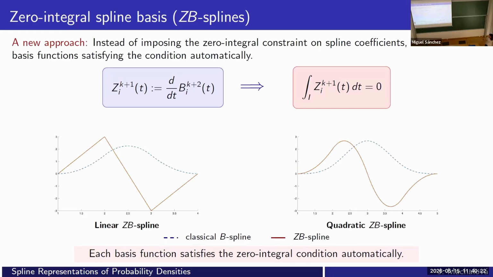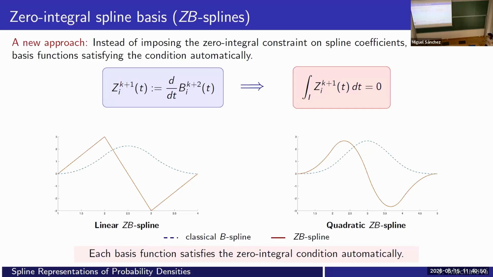So as you can see on the left side in blue, there is a quadratic. On the right side, there is a cubic B-splines, and its derivatives are linear and quadratic ZB splines, which have zero integral. So it means that we are able to construct some basis function, we call them ZB splines, with integral equal to zero, so that every linear combination fulfills the zero integral.